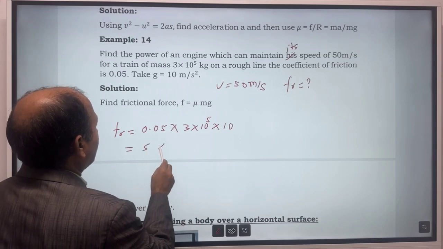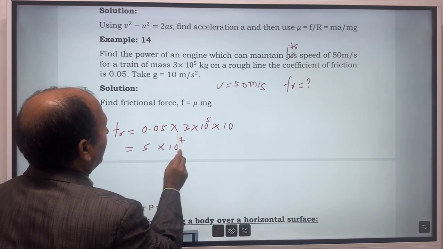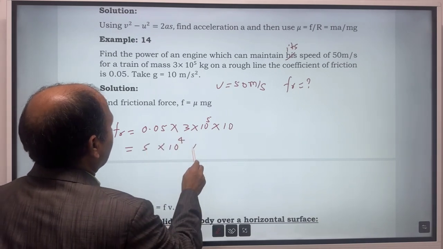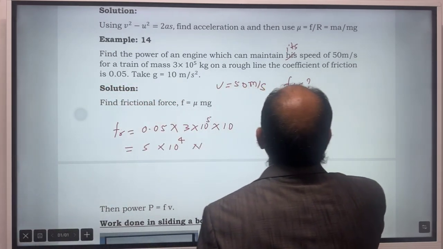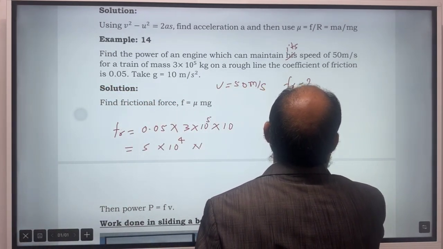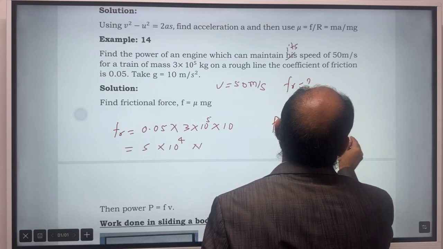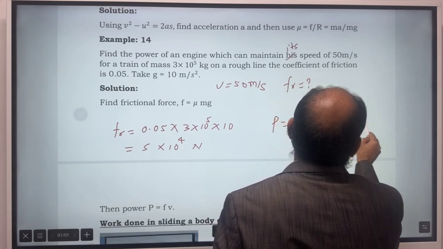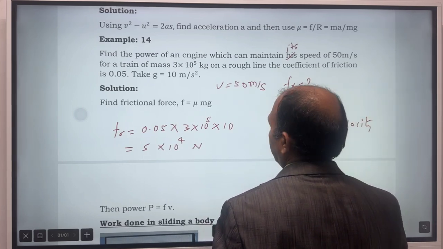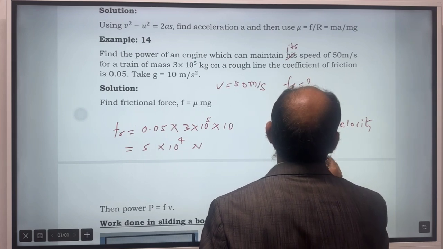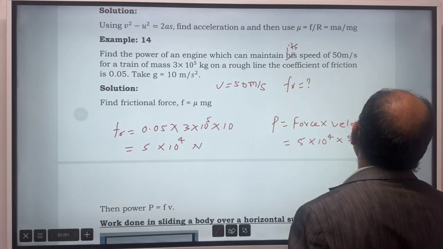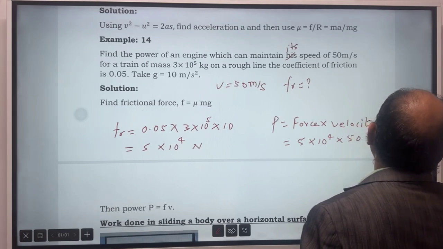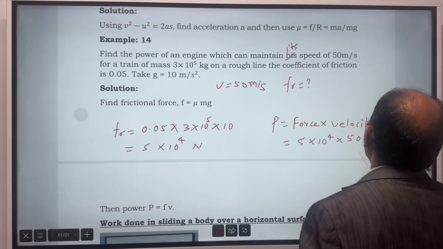So 5 into 10 to the power 4 Newton. This is the frictional force, and now we need power. So power equals force into velocity. So force, 5 into 10 to the power 4, into velocity, which is given as 50. Then you can multiply it.